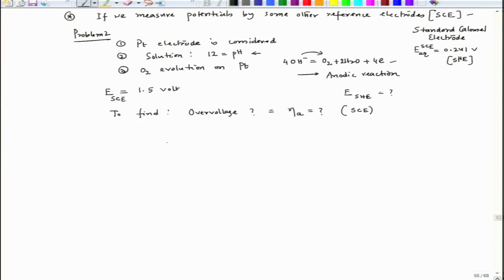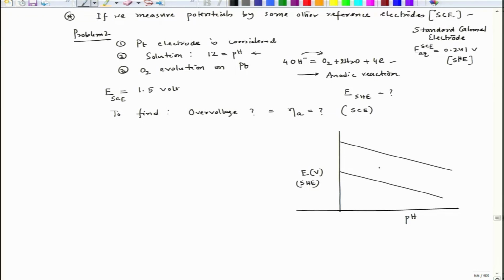In order to solve this, we have to see the correlation of this polarization with reference to the Pourbaix diagram. If we see the Pourbaix diagram for water, this is E in volts, always plotted with reference to the standard hydrogen electrode, and this is pH. We could see that the water lines are two parallel lines, where H2O is stable between these two lines.